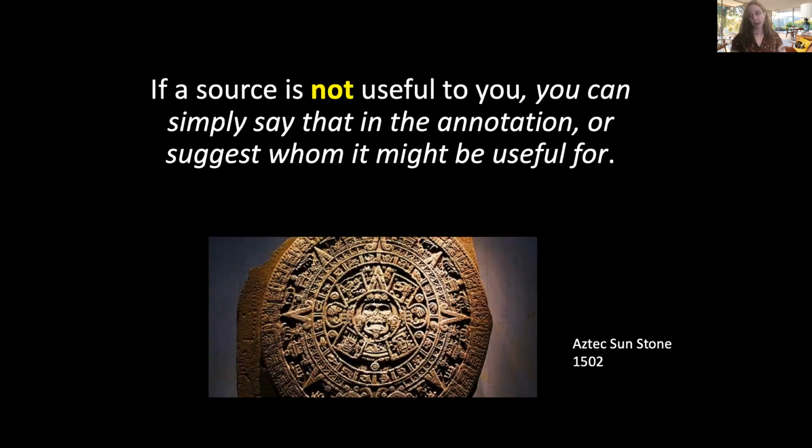So you could say, the article on the Aztec sunstone, written by blah, blah, blah, about this, while very useful for Aztec archaeologists and scholars, was not useful for my project on Edward Hicks. Okay, so there you go.